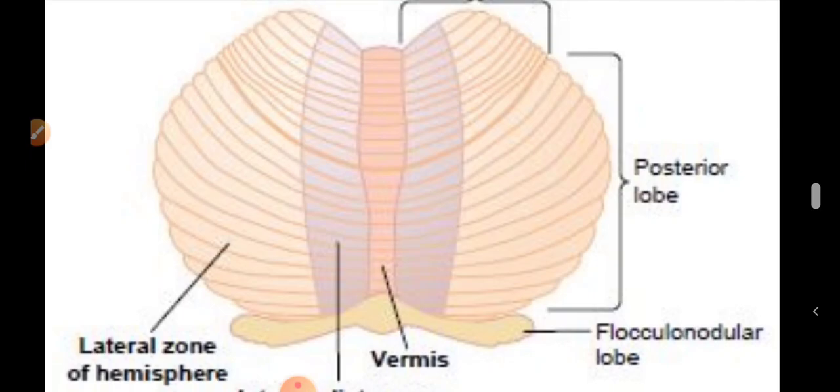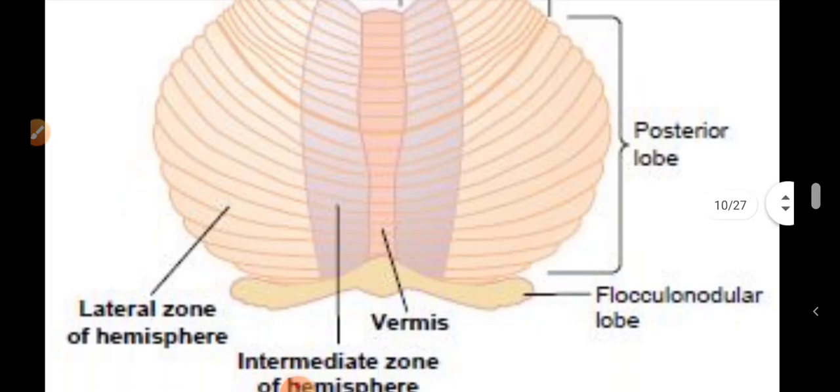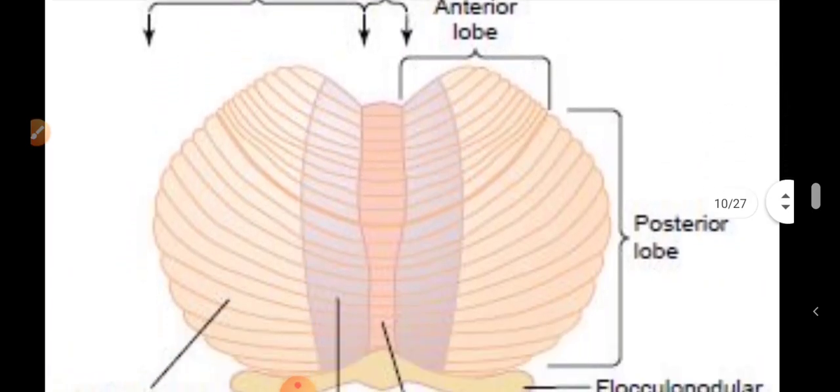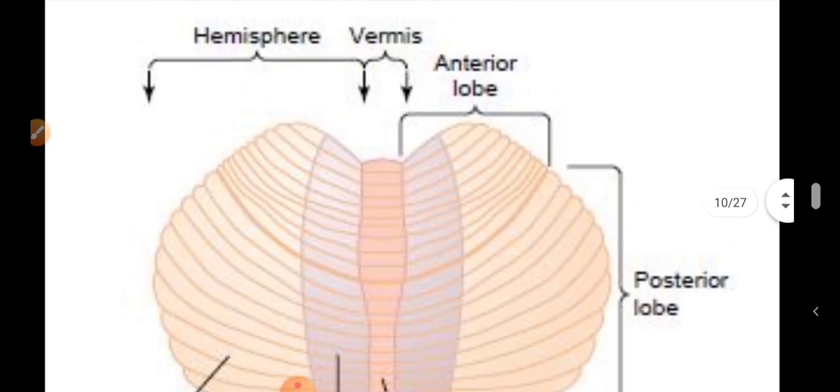All these three parts have different functions to maintain muscle tone, stretch reflex, and posture of the body. And also the sensory representation of the body in the cerebellum is different in these different parts.